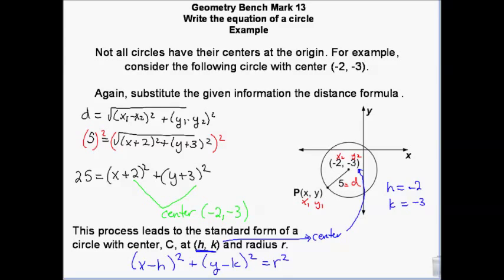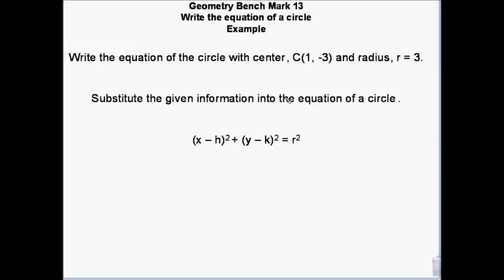So if you want to find the equation of any circle, if you know the center and you know the radius, you just plug them in. Like here. Here's the center, here's the radius. That's all we need, is the center and the radius.